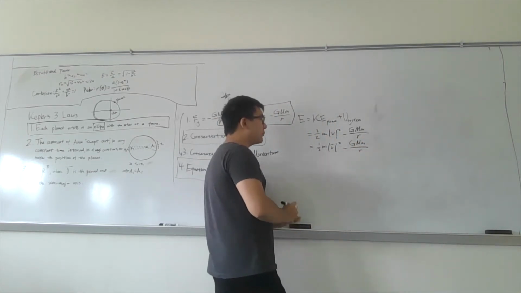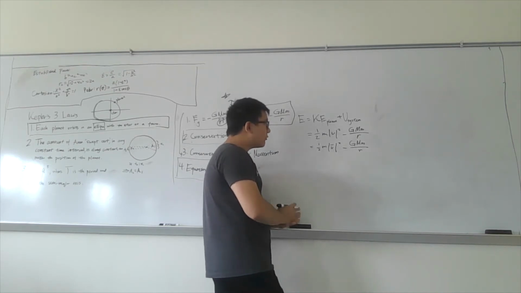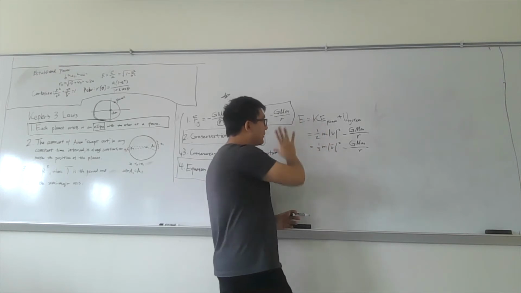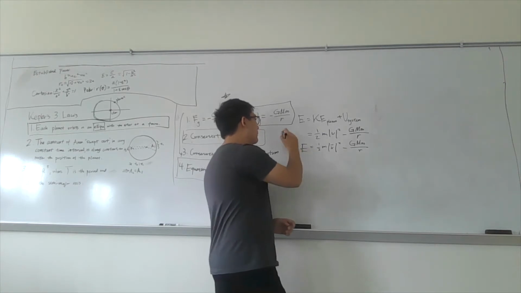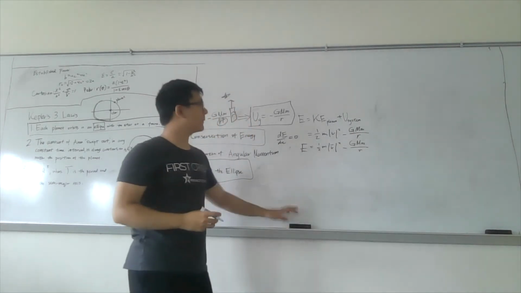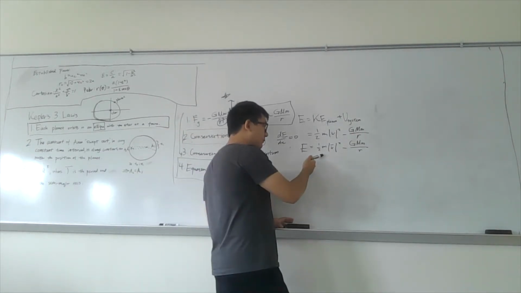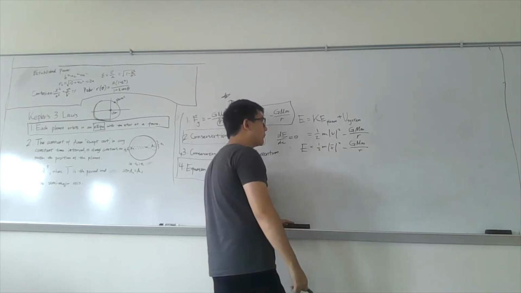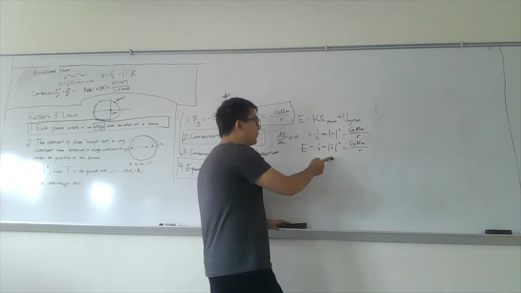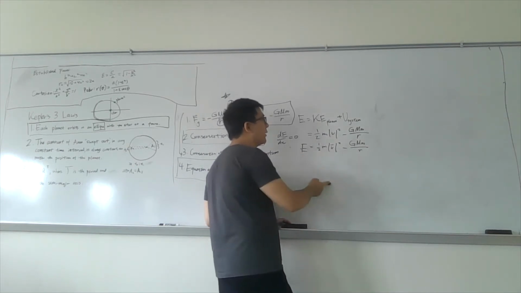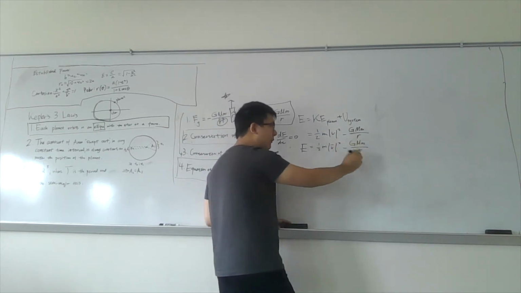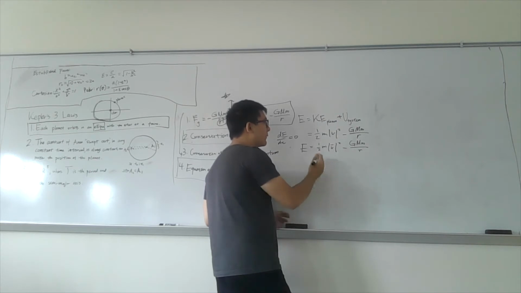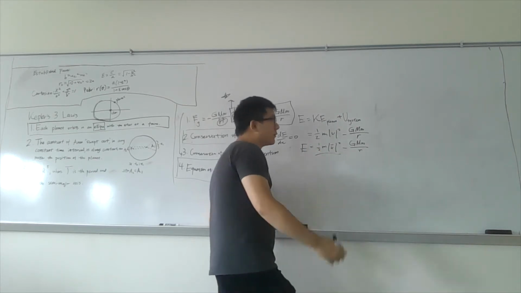So now we need to try to express everything in this energy equation. The energy E is a constant, so the time derivative dE/dt equals 0. We want to rewrite everything in this energy equation in terms of r or its derivatives. Potential energy is already in that form, so we just want to find another way to describe the kinetic energy.